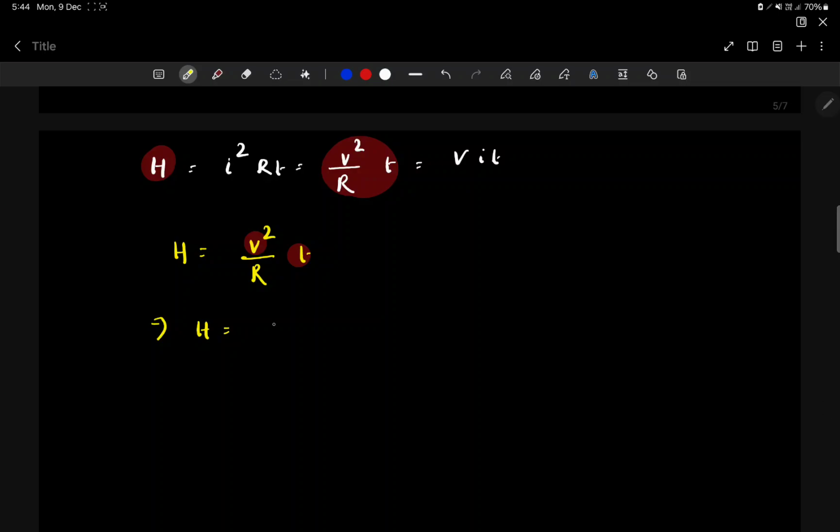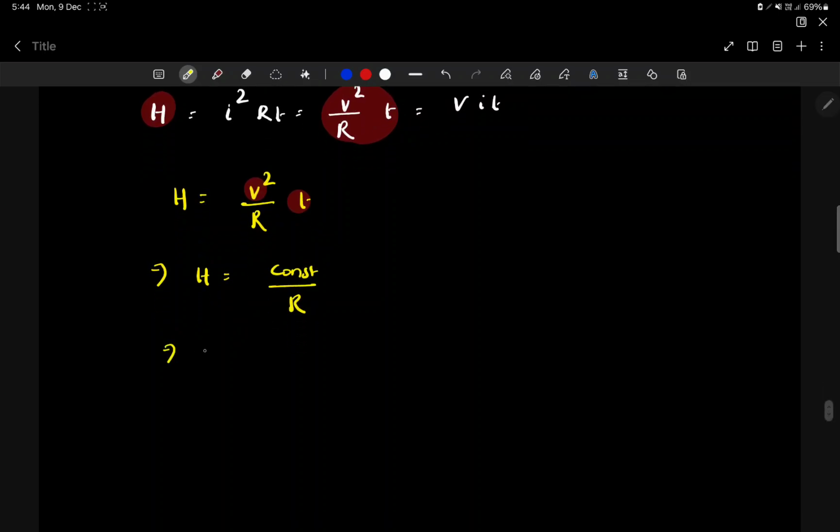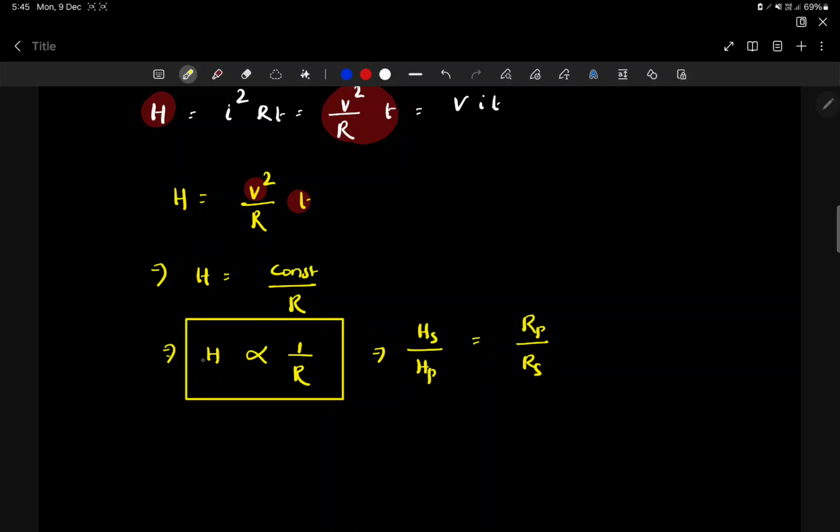So H equals constant divided by R. So H is proportional to 1 by R. That means Hs by Hp equals Rp by Rs.